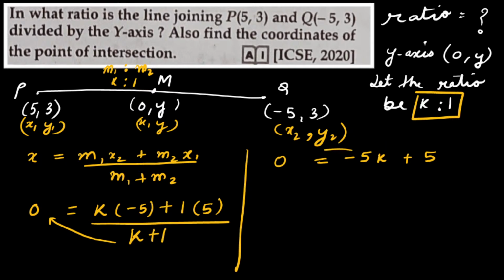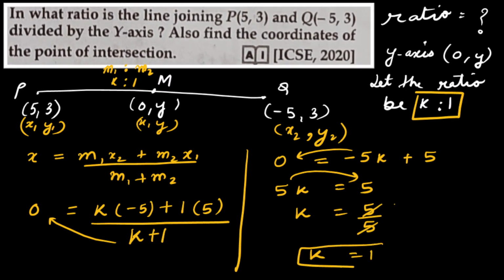Now shifting minus 5k to the other side, it becomes positive 5k is equal to 5. Shifting this 5 to the other side, it gets divided, so 5 and 5 cancel. So k is equal to 1.